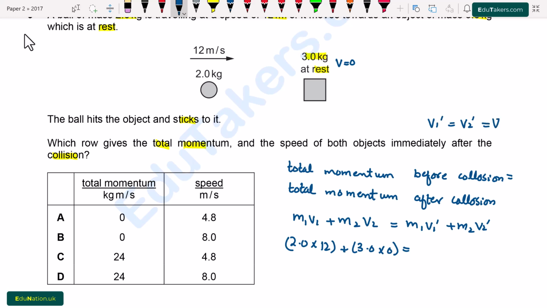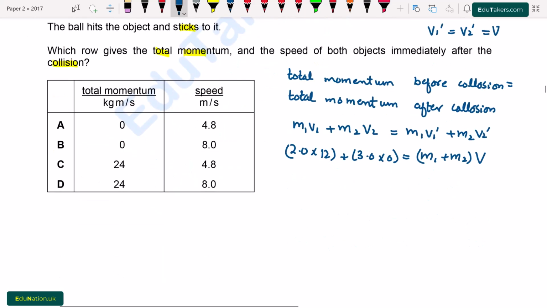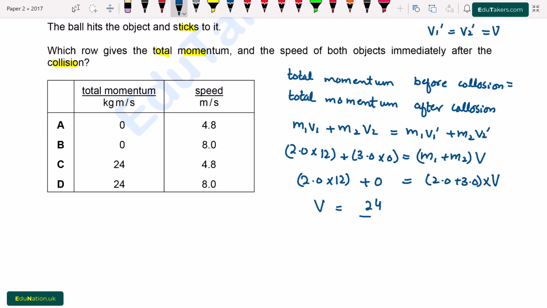Therefore, here will be m1 plus m2 into v. From here we have to find out the value of v. So I write here 2.0 multiplied by 12 plus this term will be 0. And m1 is 2.0 plus 3.0 multiplied by v. V will be equal to 24 divided by 5.0. So V is equal to 4.8 meter per second.